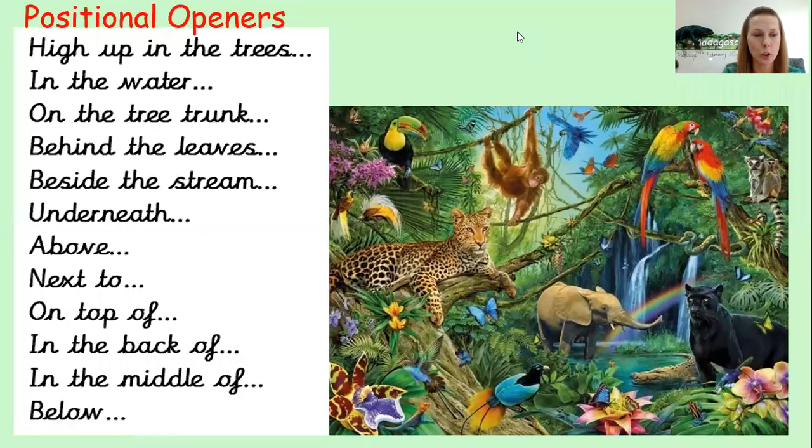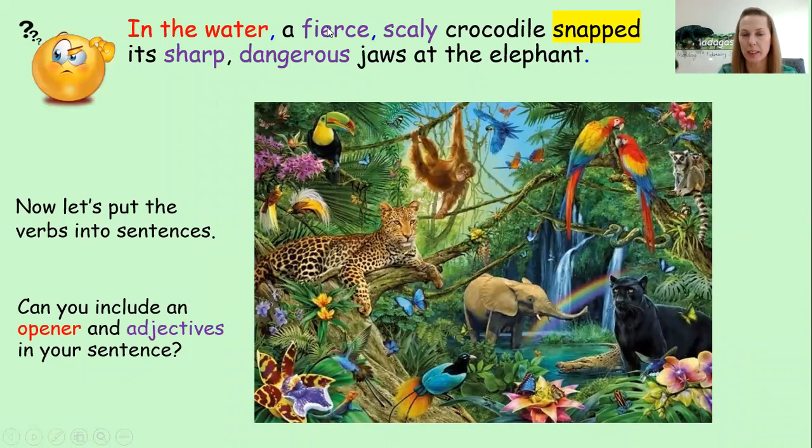So I've used two double adjectives, fierce and scaly, and sharp, dangerous, to describe the crocodile. And altogether, it makes an interesting sentence. So in the water, a fierce, scaly crocodile snapped its sharp, dangerous jaws at the elephant.